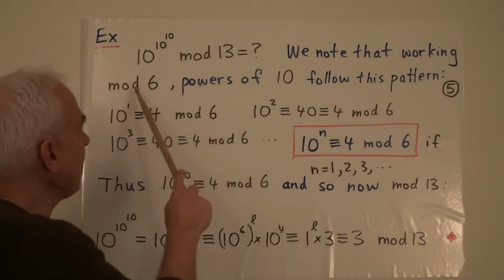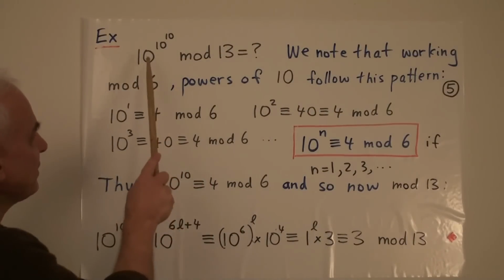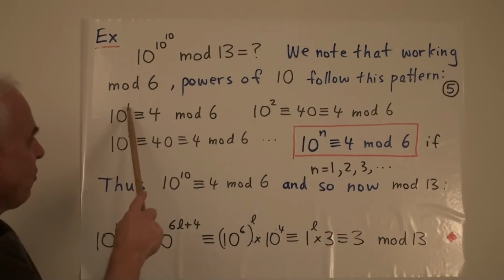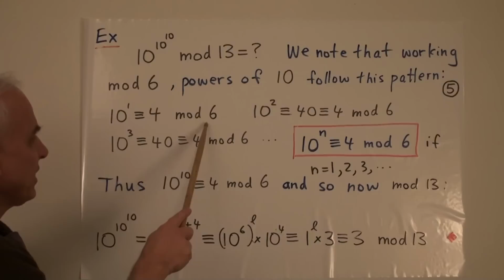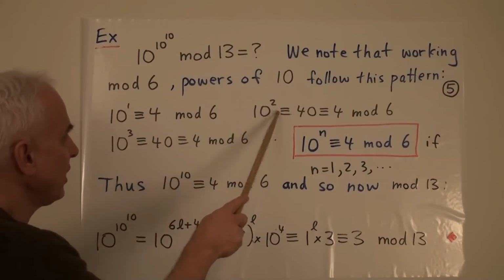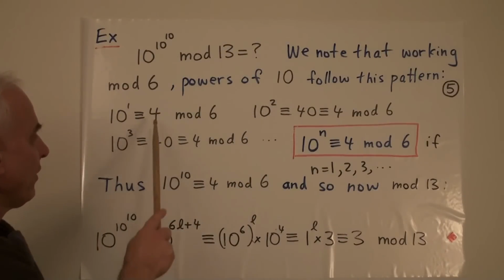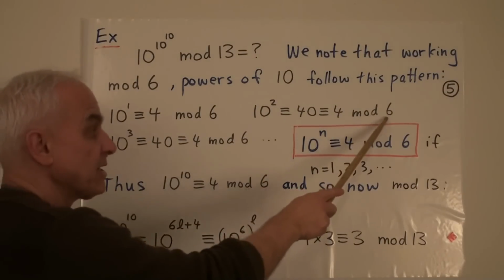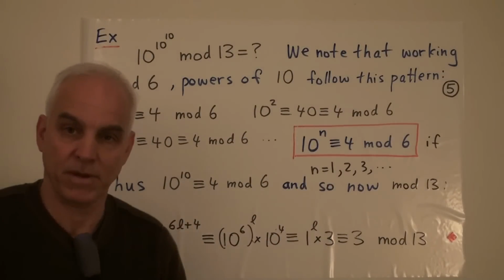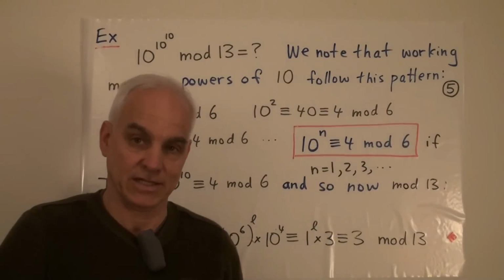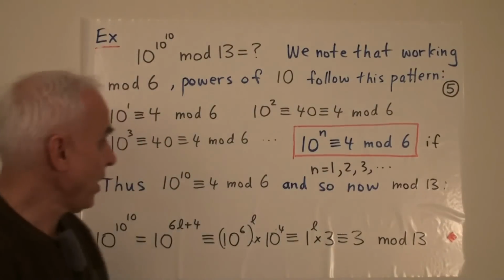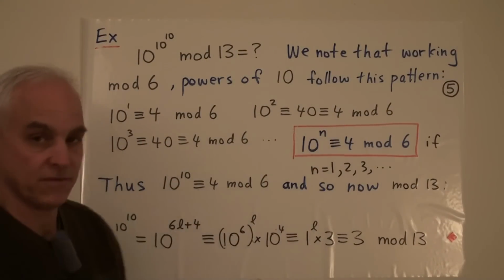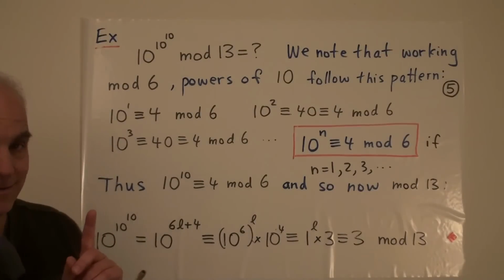So we know that working mod 6, powers of 10 follow this pattern. So 10 to the 1 is congruent to 4 mod 6. 10 squared is congruent to, well, if we multiply this by 10, we get 40. And now mod 6, 40 is the same as 4, because we can cast away 36, which is 6 times 6. So 10 to the 1 is congruent to 4, and 10 squared is also congruent to 4, mod 6.